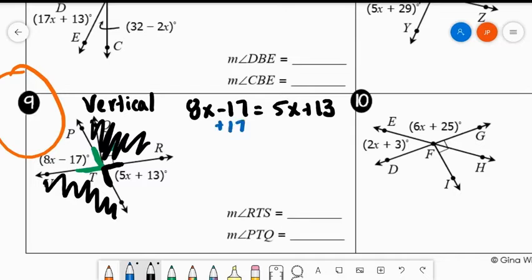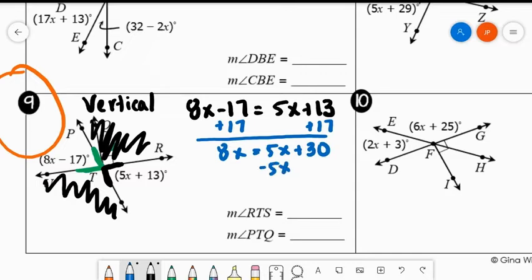I'll add 17 to both sides, which will leave me with that. Now I can subtract 5x on both sides. And if I divide by 3, I'll get that x equals 10.